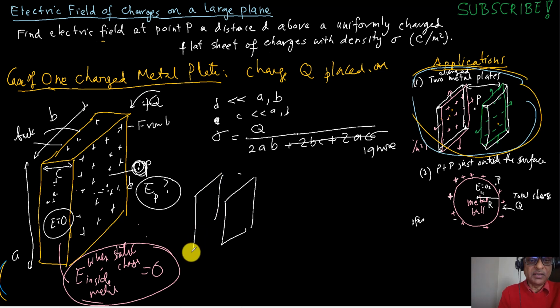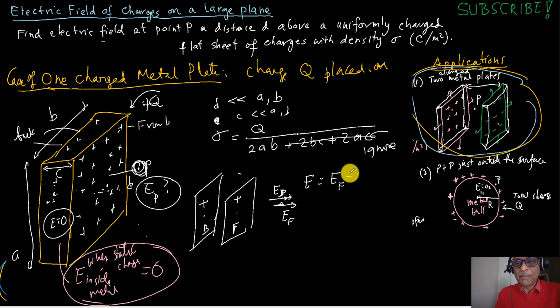So it's like, if I have a plate of charge here, and each one was producing an electric field over here, and they are on both sides. So this one is producing an electric field, and this one is producing one too, let's call them the front and back. So the electric field will be the electric field from the front plus the electric field from the back.